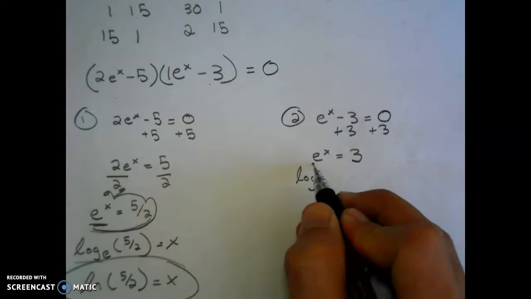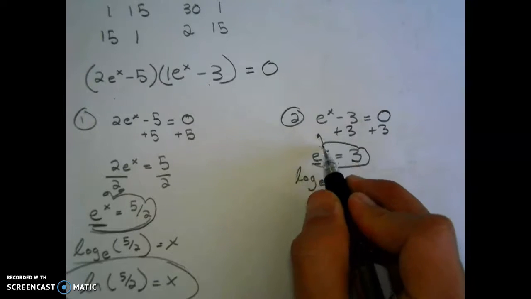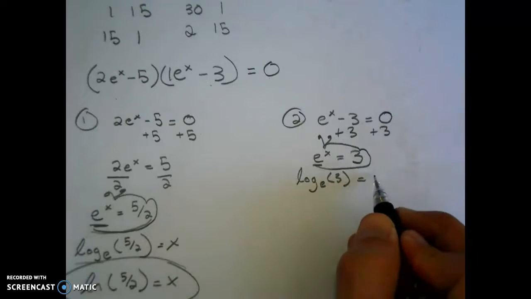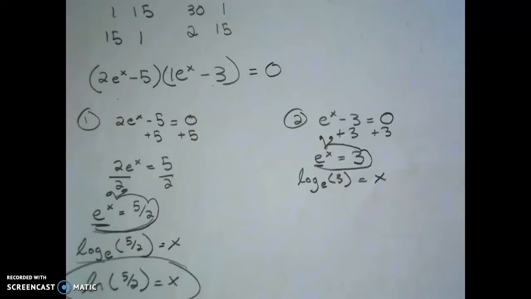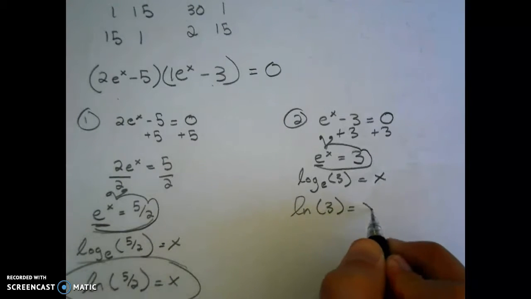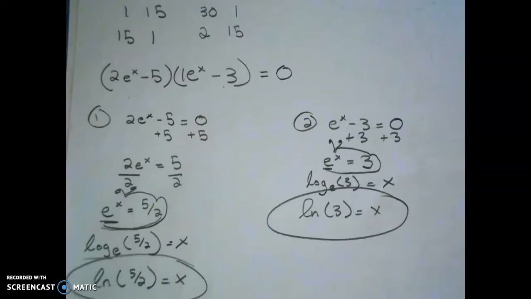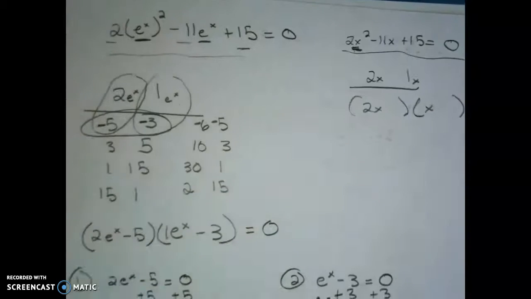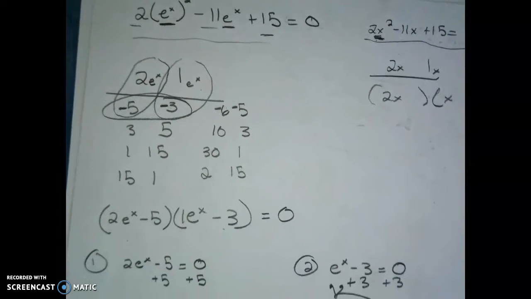Put my base down there, make my snail. We get log base e of 3 is equal to x. I'm going to rewrite it as the natural log of 3 is equal to x. There we go, so those are my two answers. It's very similar to something we've already learned, but now we're just applying our logs and exponentials.